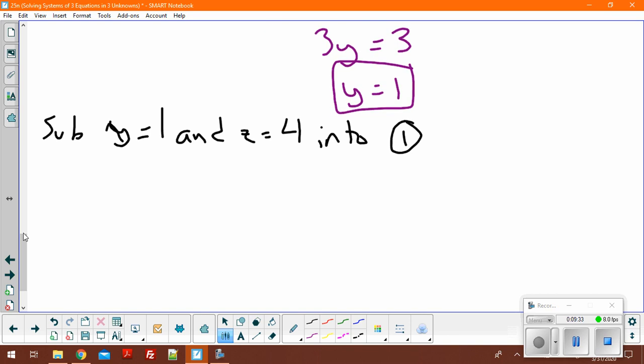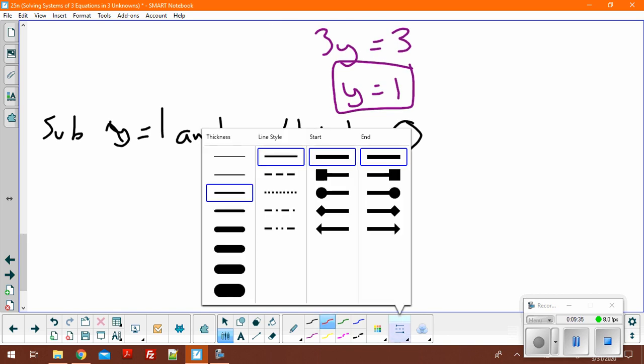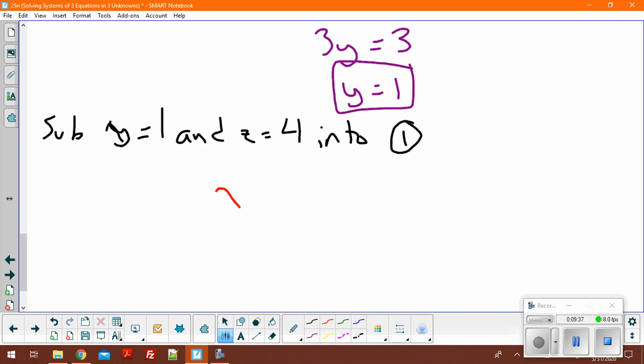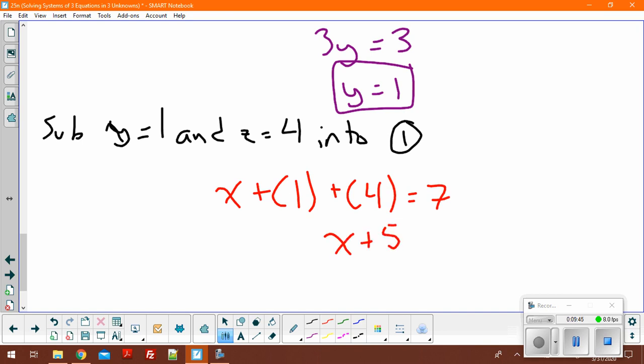Okay, so my equation at the very top was x plus y, which is 1, plus z, which is 4, is equal to 7. Okay, so x plus 5 equals 7. X is equal to 2.